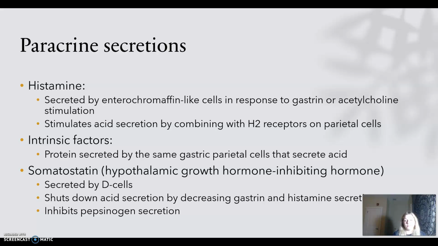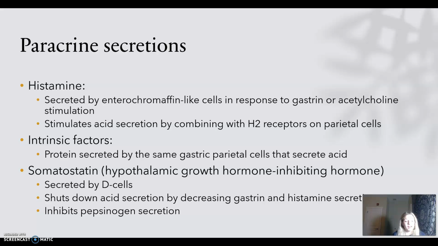So paracrine secretions. Histamine is the first one, and it is secreted by enterochromaffin-like cells in response to gastrin or acetylcholine stimulation. It stimulates acid secretion by combining with H2 receptors on parietal cells.